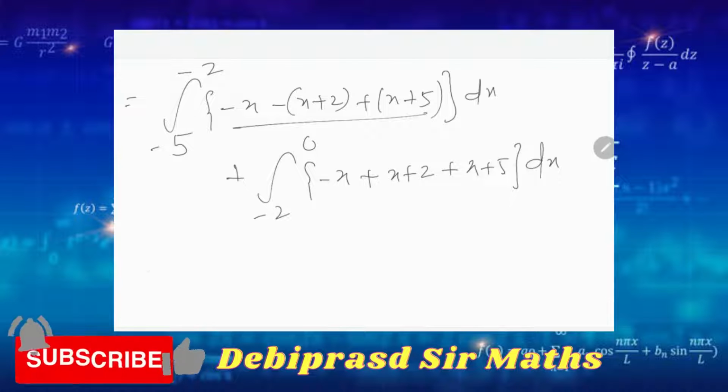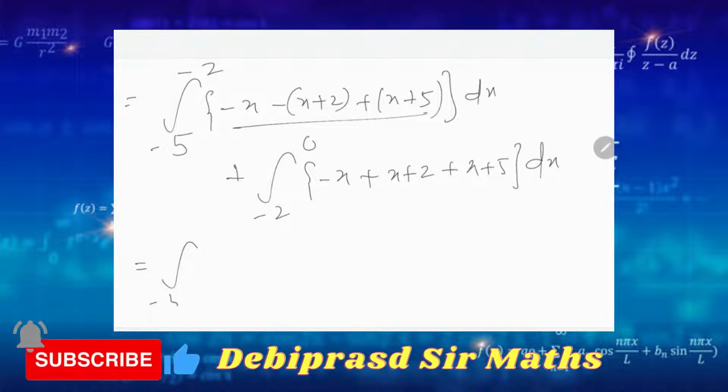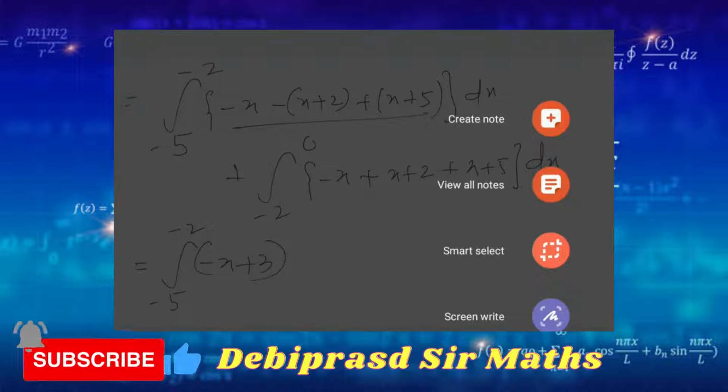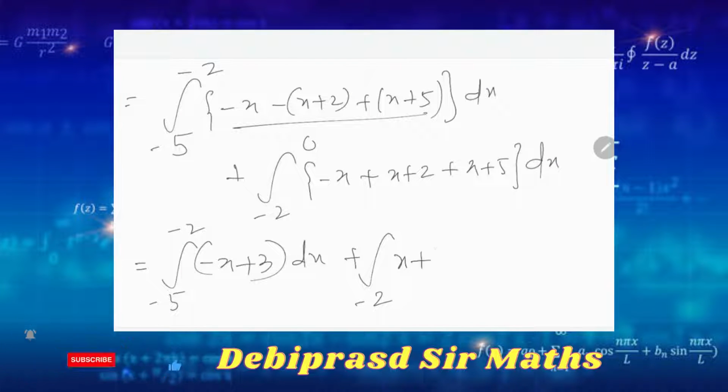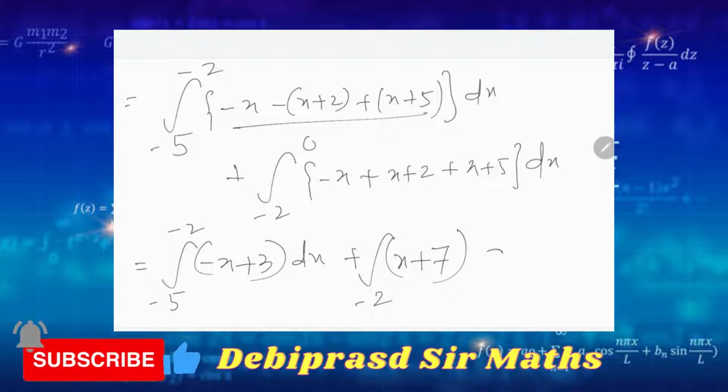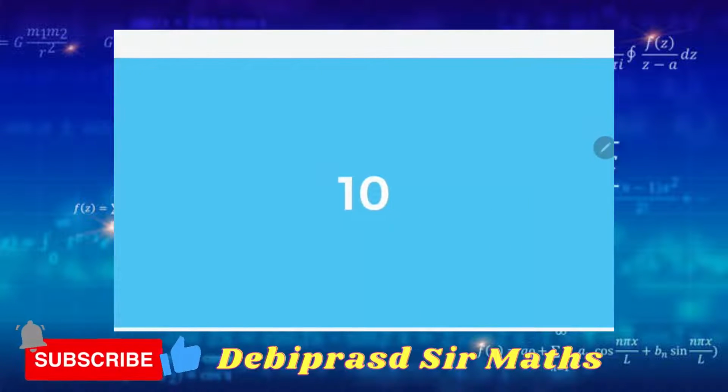If I simplify, I will get minus 5 to minus 2, minus x plus 3 dx, plus minus 2 to 0, x plus 7 dx. Now we will simply integrate.